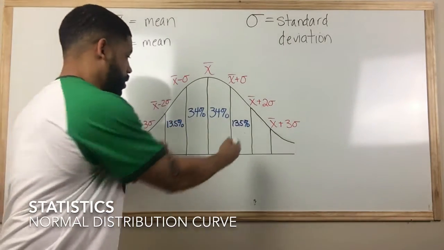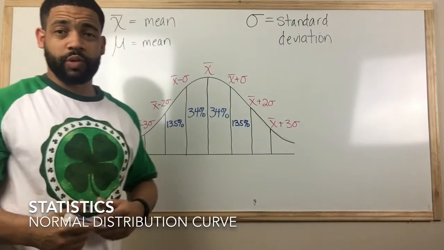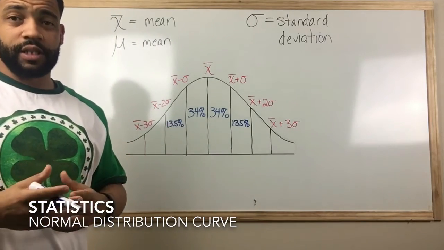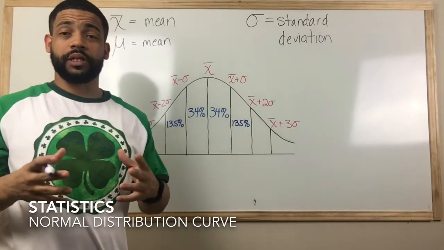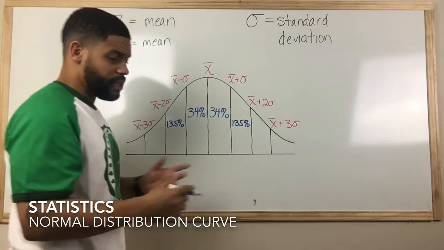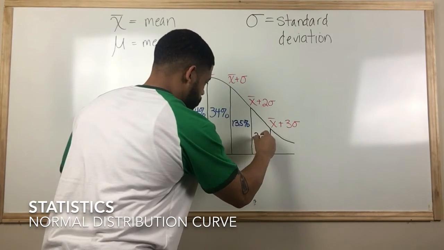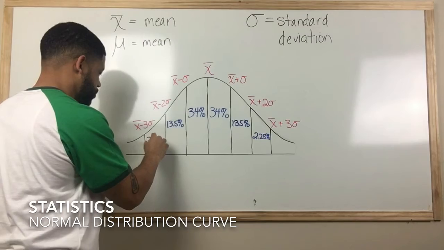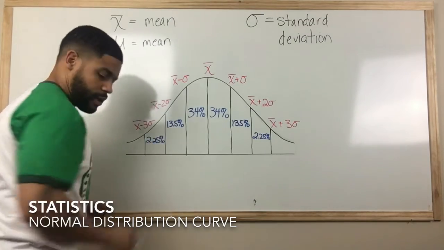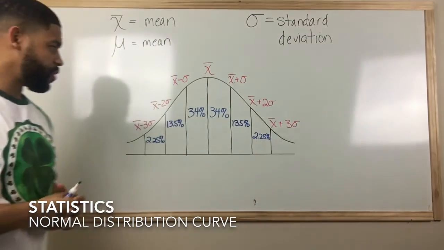And collectively, 95% of the data would be within 2 standard deviations of the mean. And then we have 2.25% here, between 2 and 3 standard deviations.